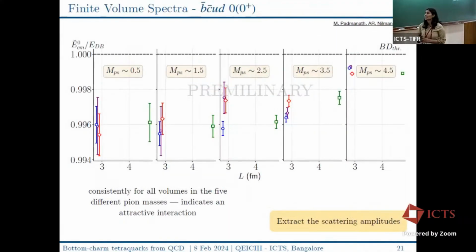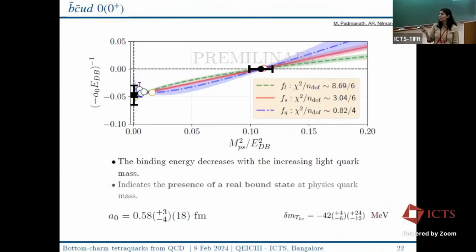And then similarly, if we do the same exercise for the scalar channel, we see very similar results. I use the same volumes and the same pion masses for this as well. So here also we see a negative energy shift in the ground state, hinting towards the presence of a bound state.